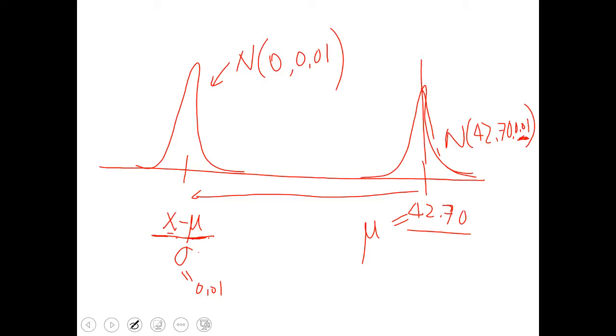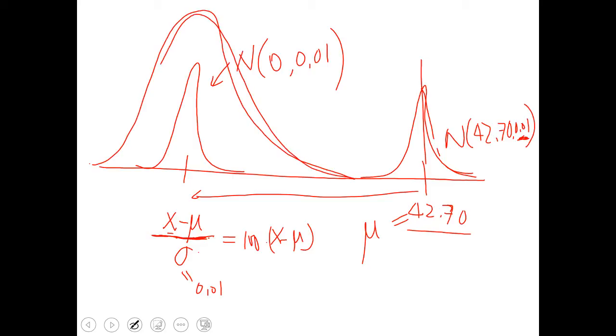So then, if we divide it by 0.01, that is the same as x minus mu times 100, because dividing by 0.01 is multiplication by 100. So it is 100 times larger than the original distribution.